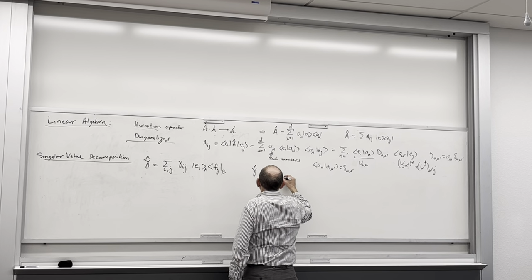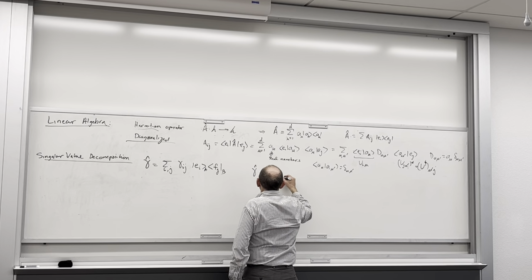Okay. So what does this say? It says that this operator, if it acts on V on B, it gives me the eigenvalue times u on A, right?